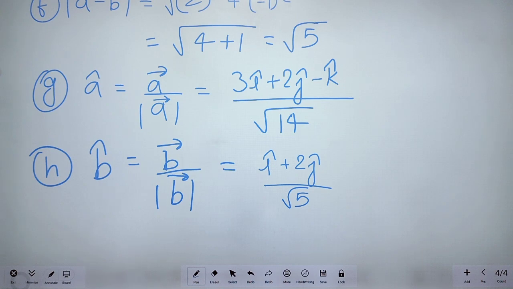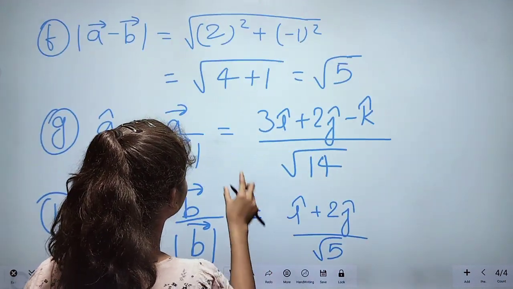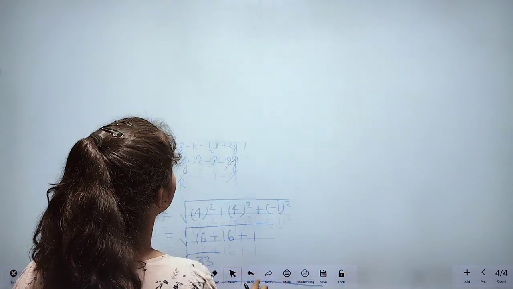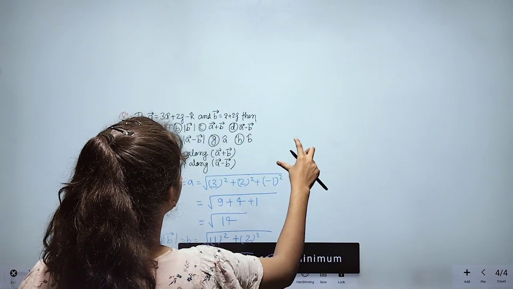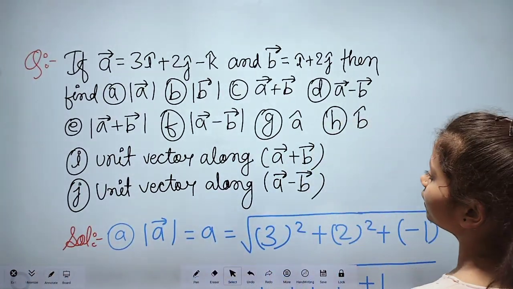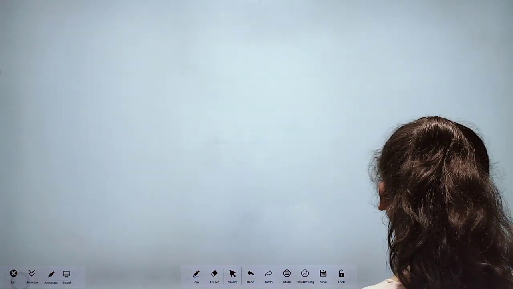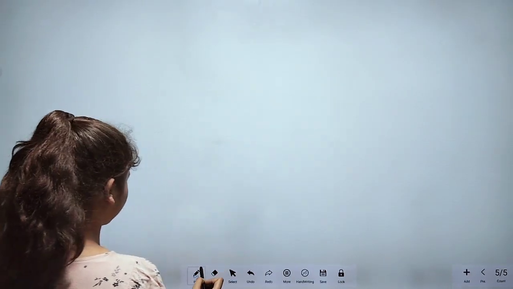And now we have to find two more questions, that is, unit vector along A vector plus B vector. Which question?